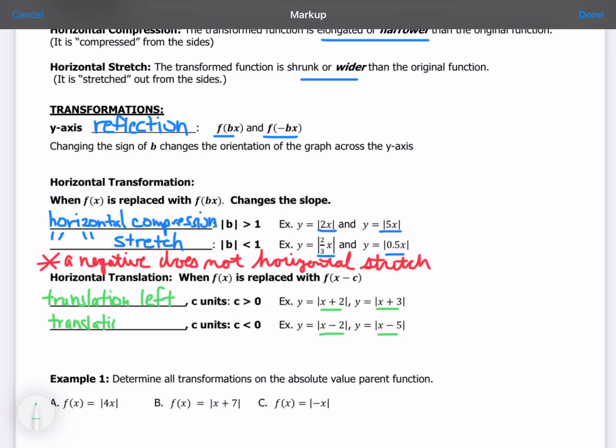And looking at what we did with vertex form and comparing it to this, we can always remember x's lie to us. Our horizontal transformations are opposite of our vertical transformations.